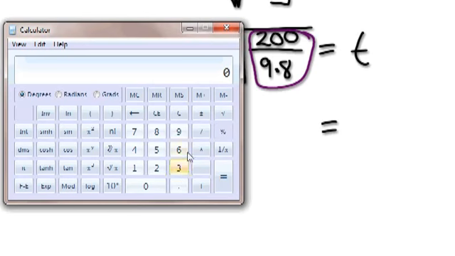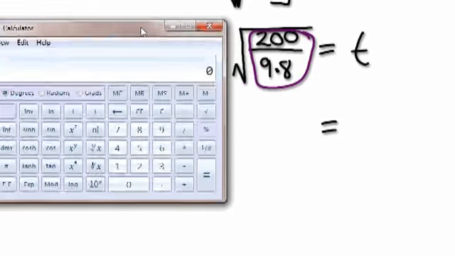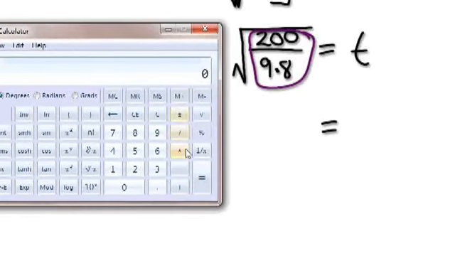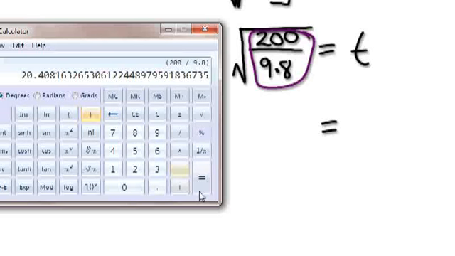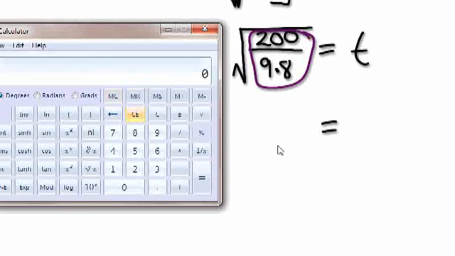So let's get the calculator up. It would be square root bracket 200 divided by 9.8, close bracket, and it equals. Hang on, let me do this one step at a time.